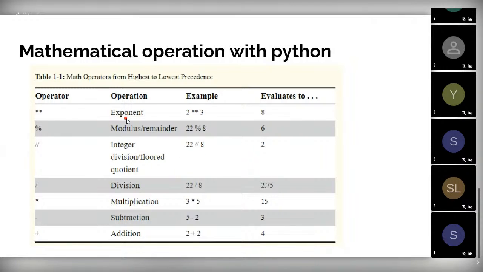The first symbol is exponent. I think all of you know power. If I ask what is 2 to the power 3, I think all of you know what it is.